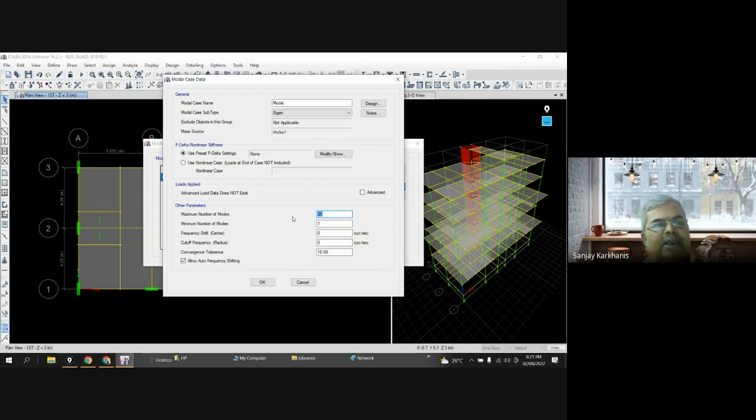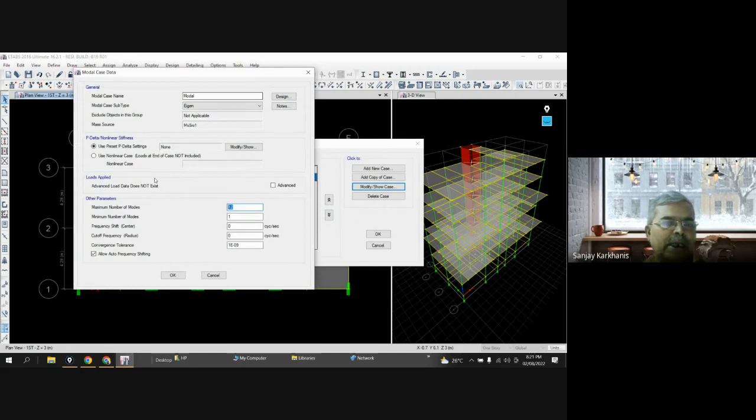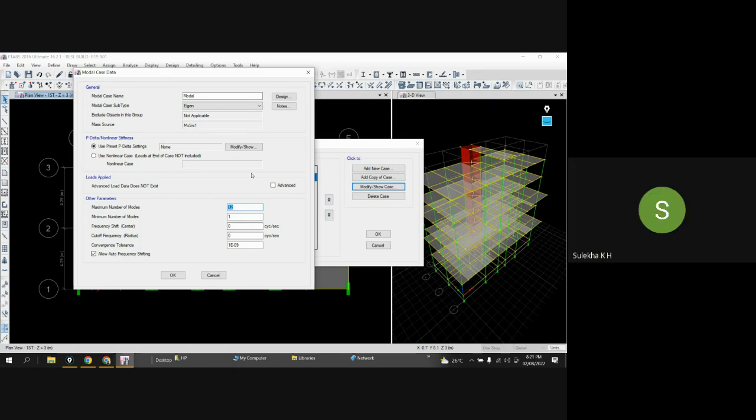Here you can change the number of modes you desire. Why do we want to go for an additional number of modes? Can you correlate this? Yes, anybody? You have to answer, it won't work like this. What did we say, for dynamic analysis, how much mass should get activated in the number of modes? 90%, up to 90%.